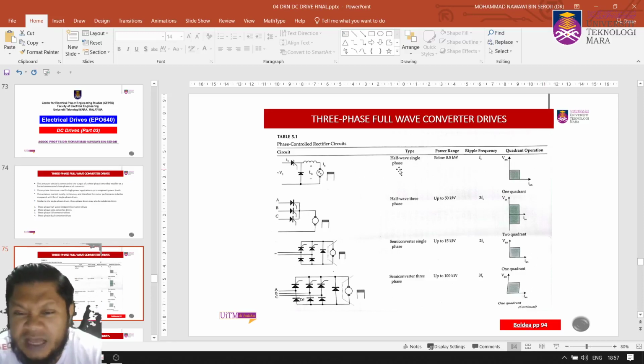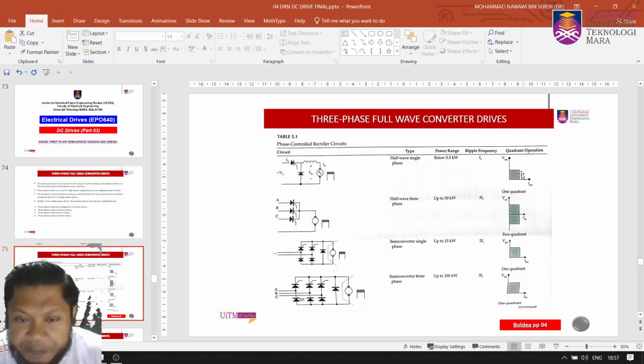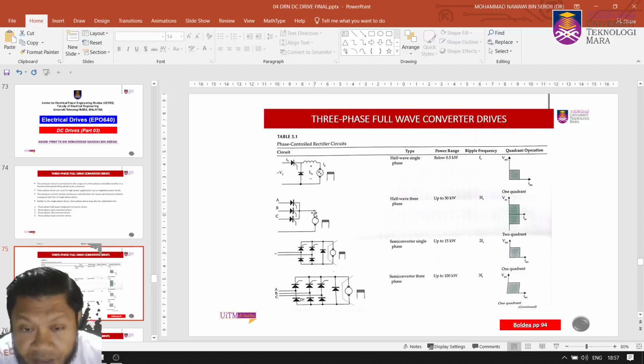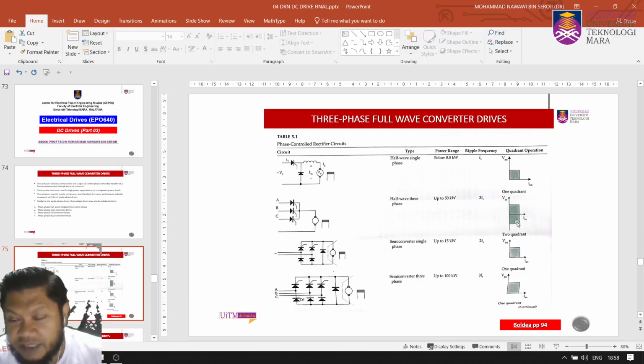So for single phase half wave, you can go up only to 0.5 kilowatt, which is 500 watt, and it is a first quadrant operation. The midpoint converter, the half wave converter, only can go up to 50 kilowatt, and it is a two quadrant operation. You can have positive and negative.